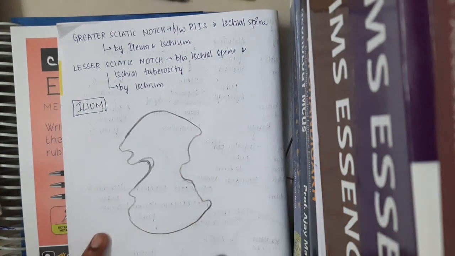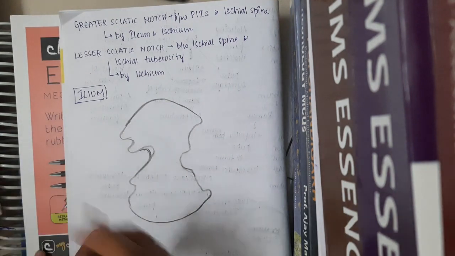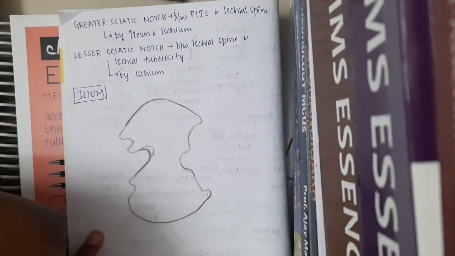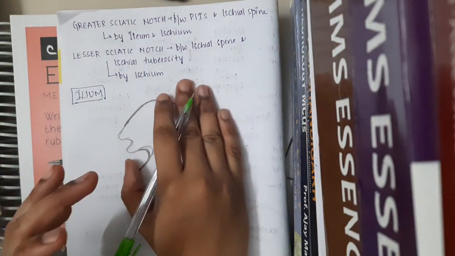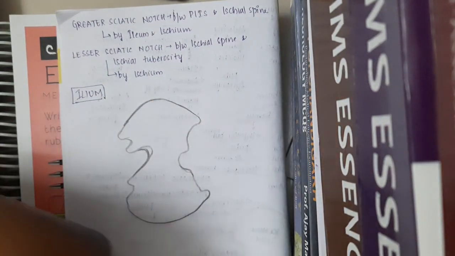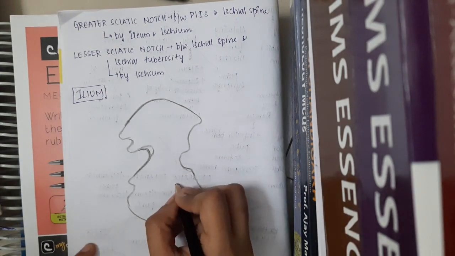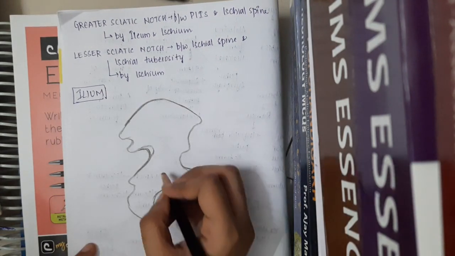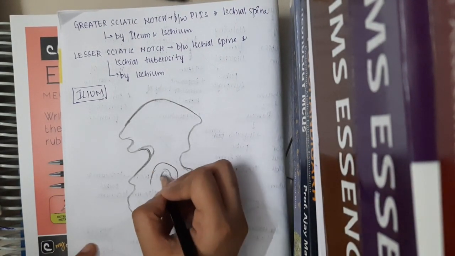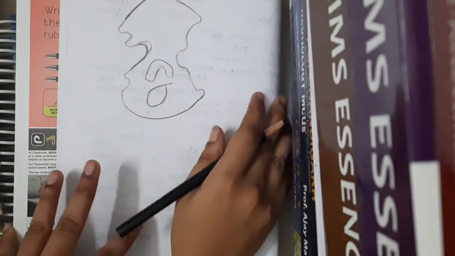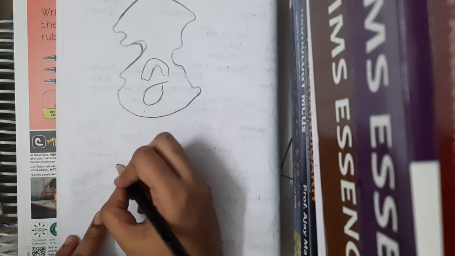Right, so this is one side hip bone. First, if you see the upper end of the hip bone, you will see the ilium. I should draw the obturator foramen also. So this is the obturator foramen. This is the acetabulum. And I'll draw the opposite side, that is the inner surface also.